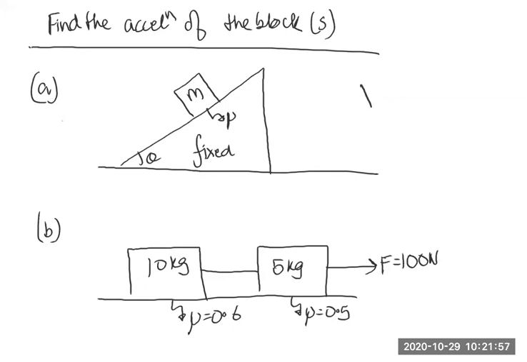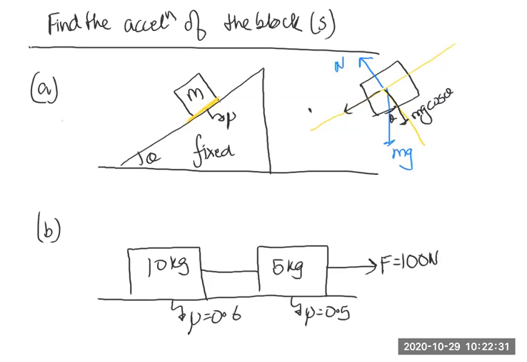Step 1, draw the free body diagram without friction. mg, and N. These are the surfaces, so my axis will also be made like this. This angle is theta. This will become mg cosine theta, this will become mg sine theta.